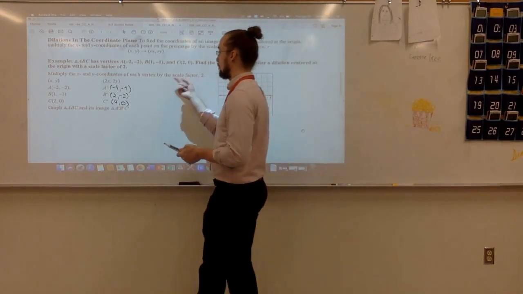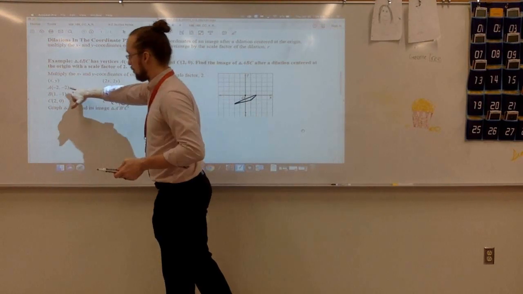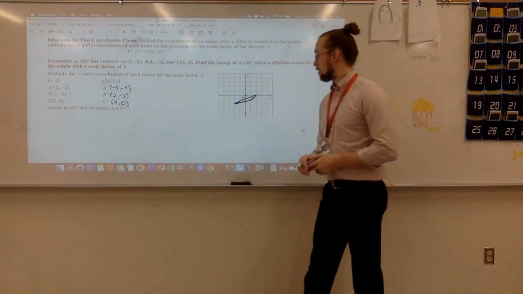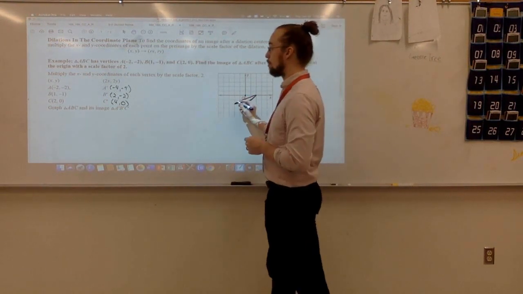So if our scale factor was 1/2, we would just take each of these and multiply by 1/2. All right, so I guess I should label my original points.